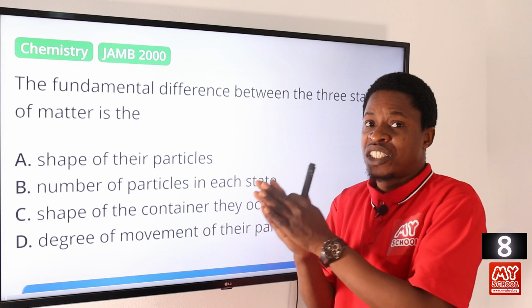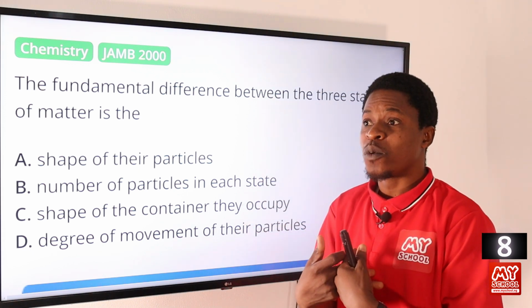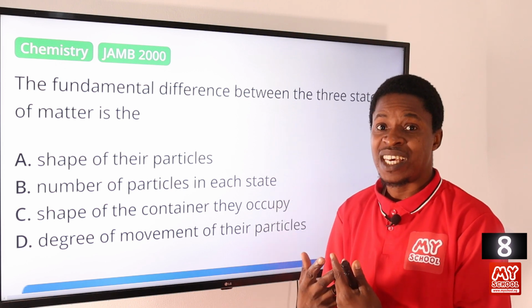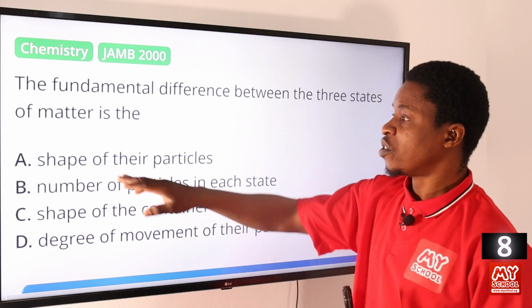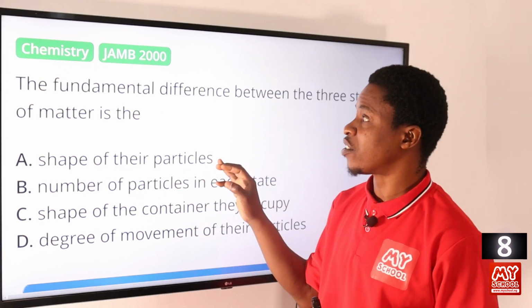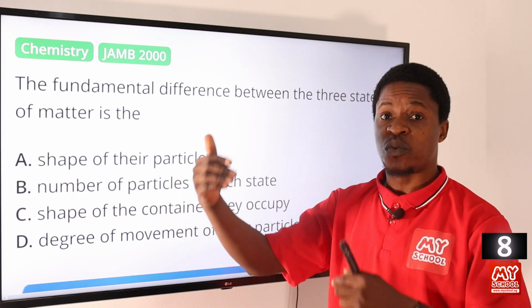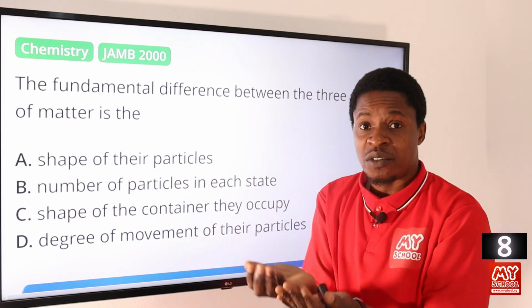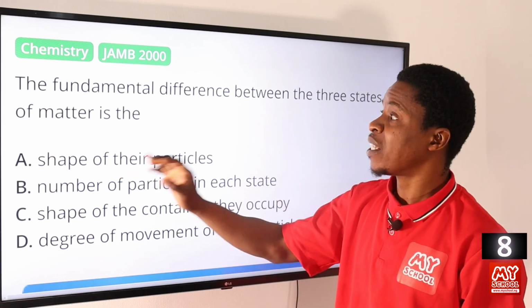Some are loosely bound, some are tightly bound together, and it allows for free movement of the molecules. So shape of their particles is not a fundamental difference. Even though we know that the liquid always assumes the shape of the container, the solid has a definite shape, but that is not a fundamental difference.